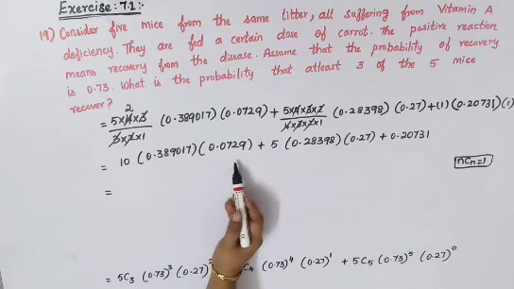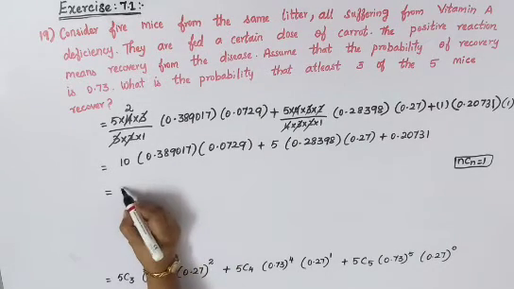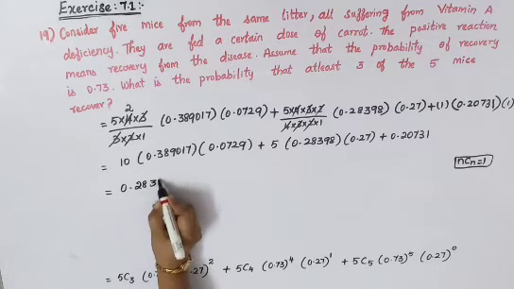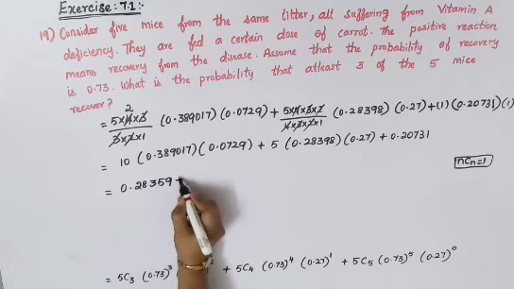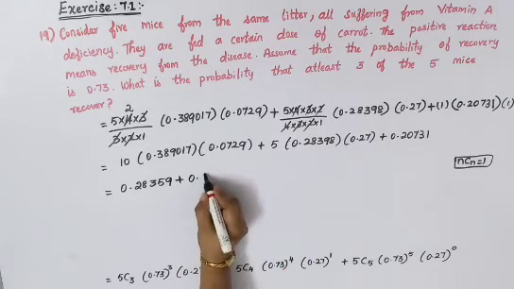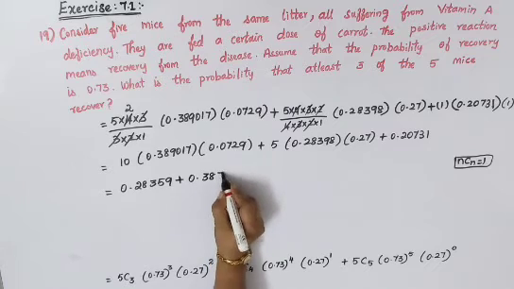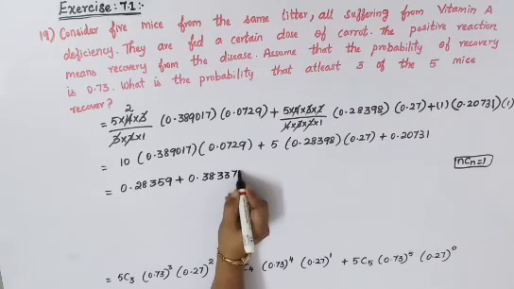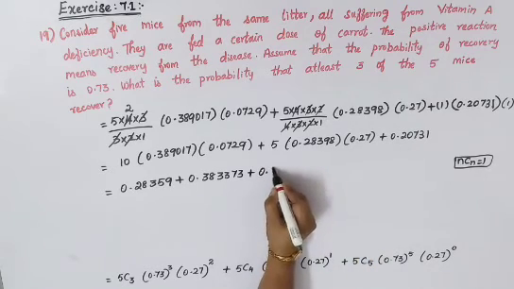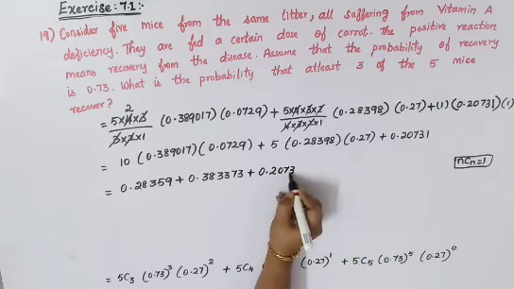This number, again this number, if you multiply, you will get your answer as 0.28359, plus multiplying all these three numbers, you will get your answer 0.383373, plus your last part as it is. Okay, so 0.20731.